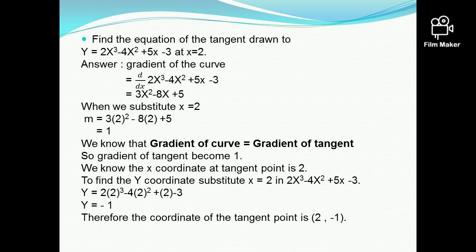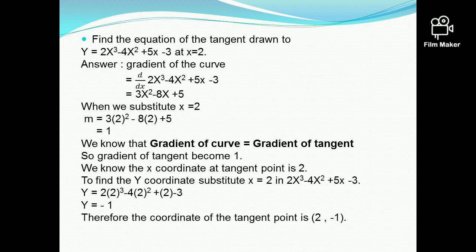We know the gradient right now. Apart from the gradient, we need one coordinate to find the equation of the tangent. How to find the coordinate? We know that the x coordinate is 2 in this question. Then if you substitute x equals 2 into y equals 2x cubed minus 4x squared plus 5x minus 3, you should receive the y coordinate.